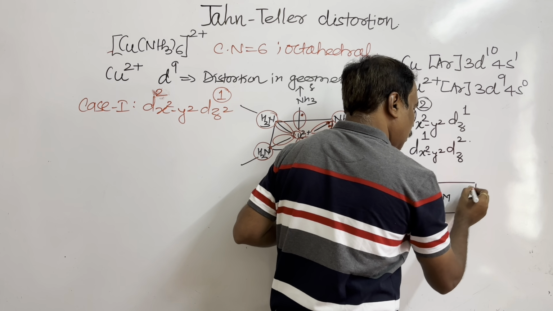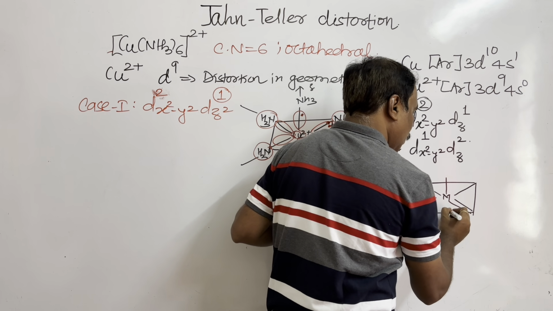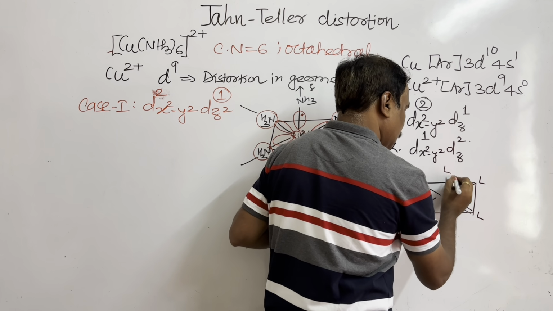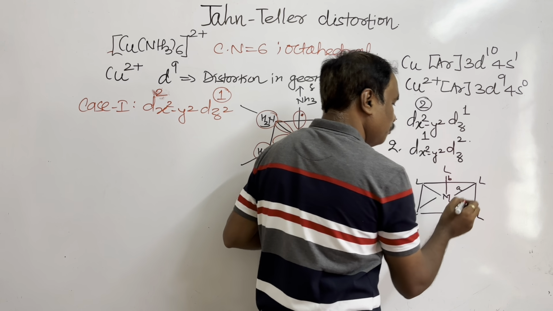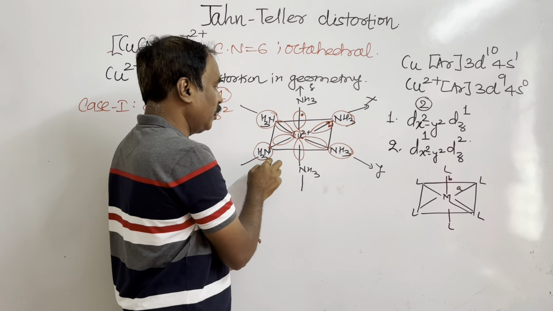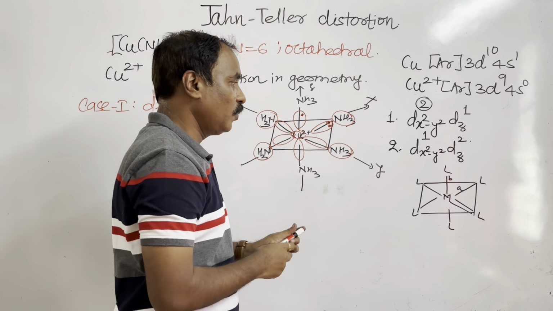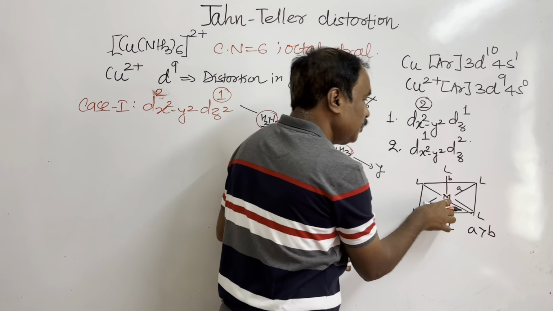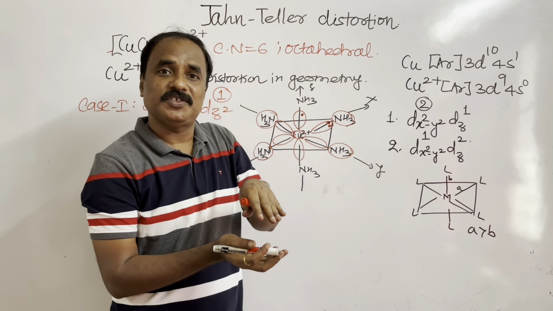This is the metal, these are equatorial bonds and these two are axial bonds. Equatorial bond suppose A and axial bond suppose B. So here there is repulsion between equatorial ammonia and dx square minus y square, elongation of equatorial bonds, and here A is greater than B. This is tetragonal compression.